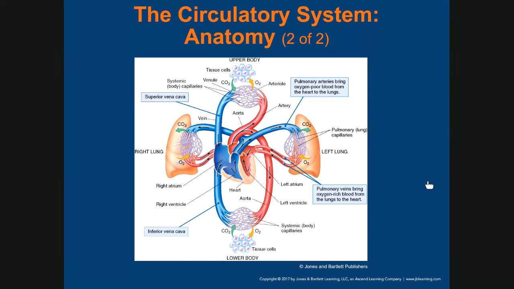You guys are sharp. I like it. So you are correct. The back pressure would end up in the lungs. If the left ventricle is damaged or has an MI, it is no longer able to pump that oxygenated blood that it is receiving to the rest of the body effectively.